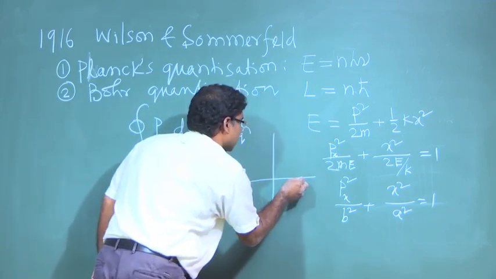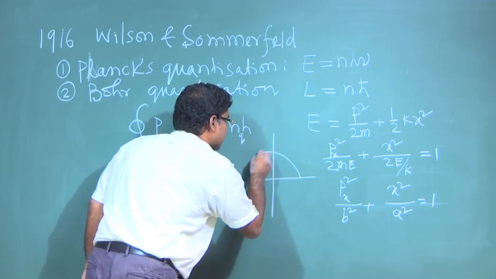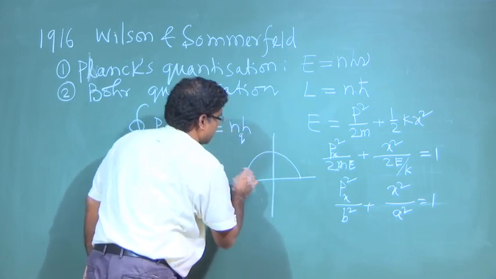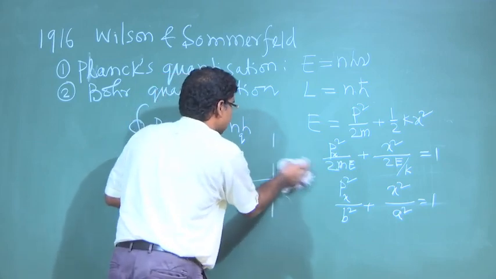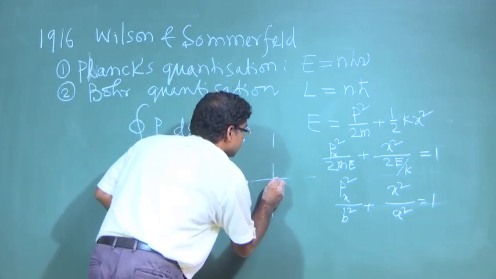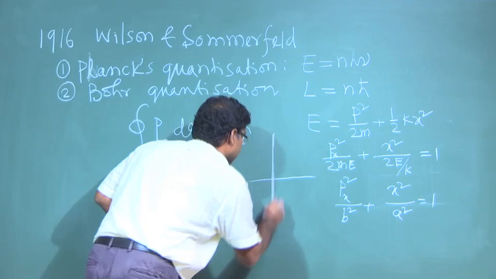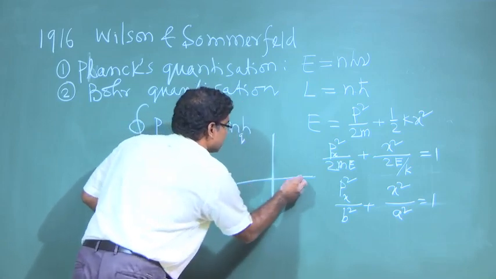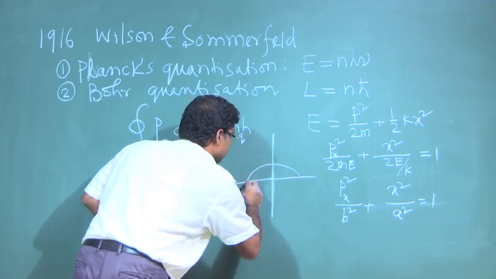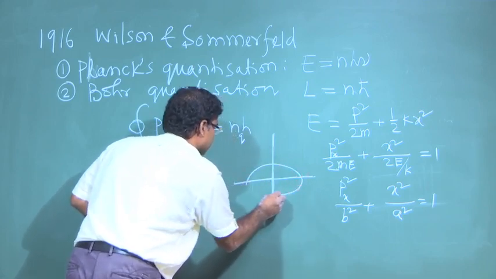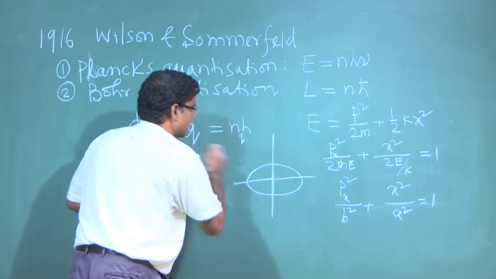So, its motion in phase space is an ellipse, I think I have to draw it, so it looks like a circle. Okay.